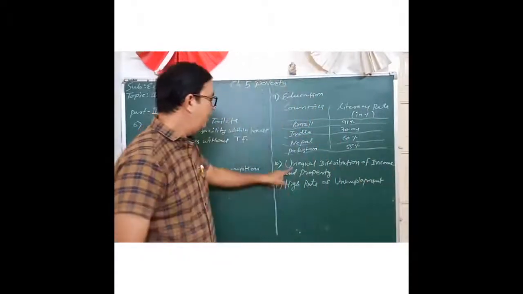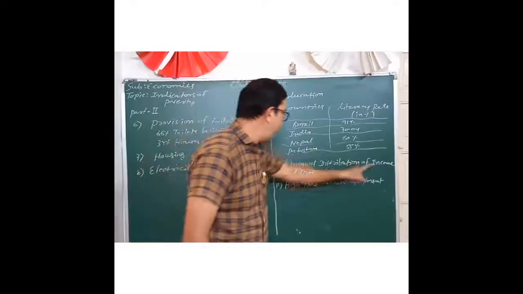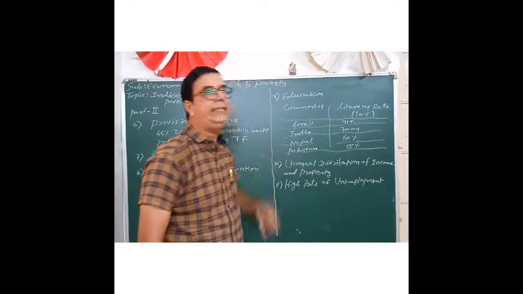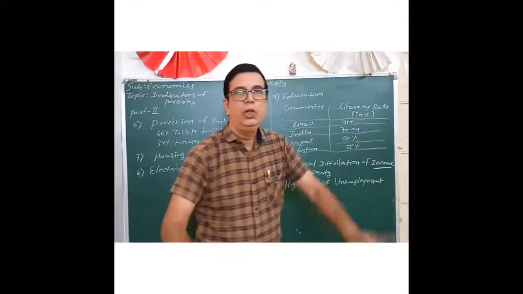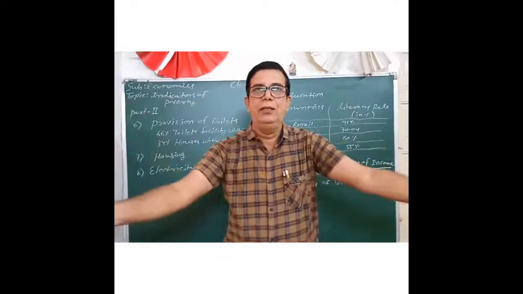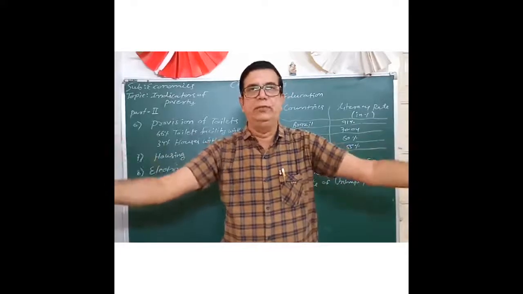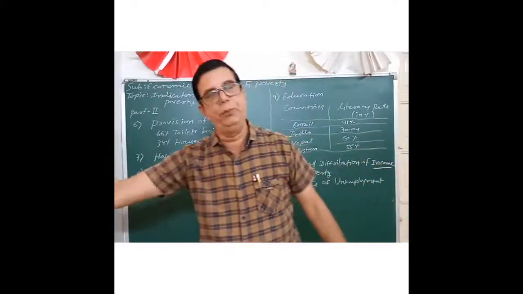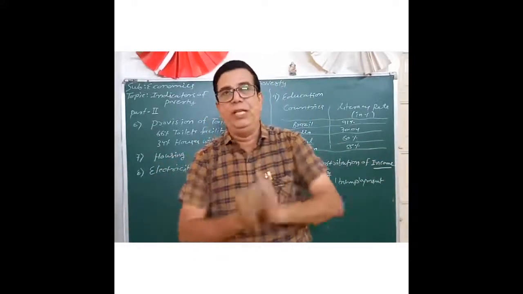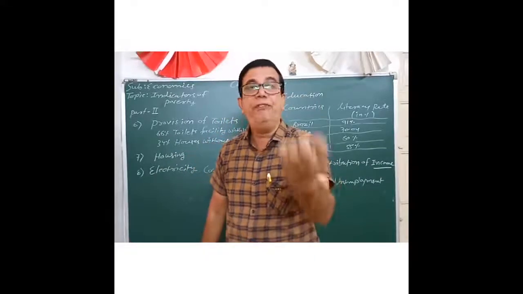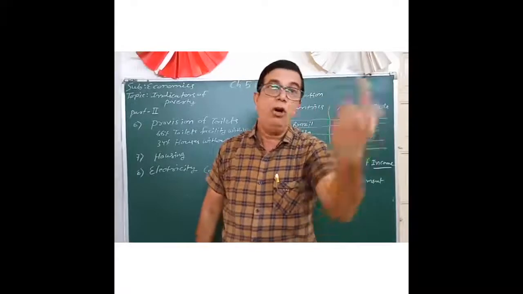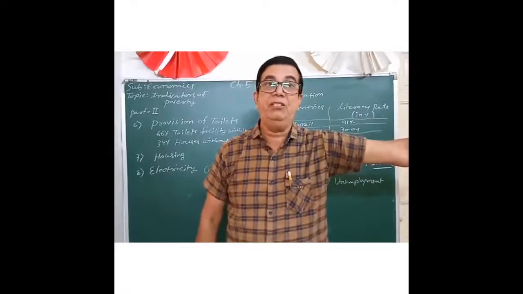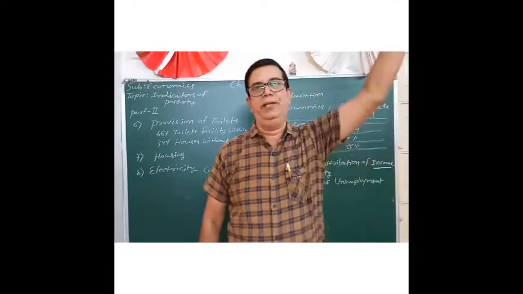After that, unequal distribution of income and property. First, we think about income. We divide the total population into 2 parts. One is rich people and the other is poor. Most of the sources of income or factors of production are owned by rich people, and because of that their income is very high.